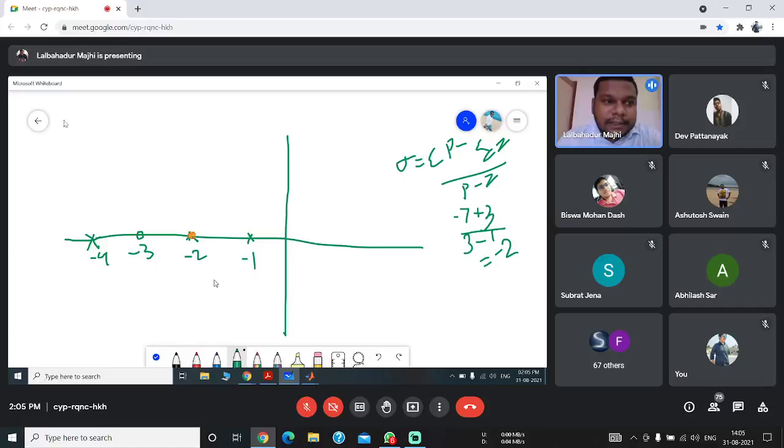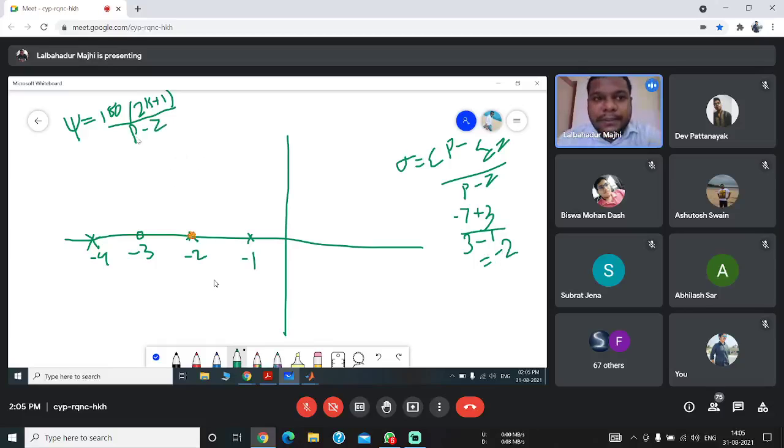Sigma, so you can say this psi is equal to this 180 into this (2k plus 1) divided by this p minus z. So p minus z is 2, right?